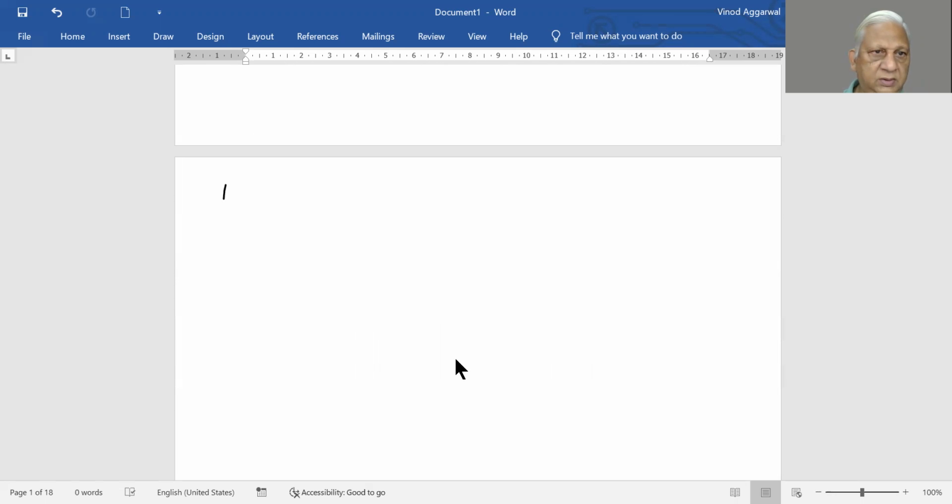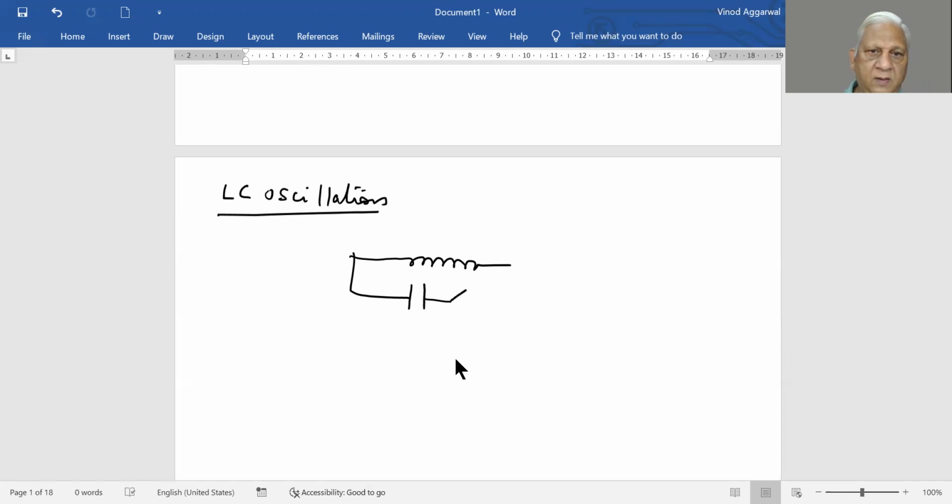Next topic is LC oscillations. Here what we do is we take an inductor, this is our inductor, this is our capacitor, this is our key which can close or open the circuit.